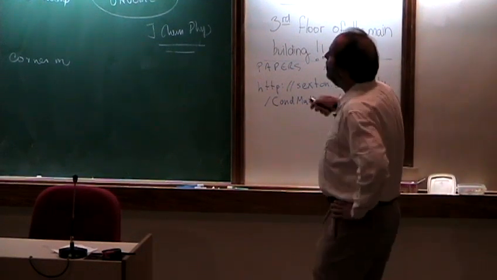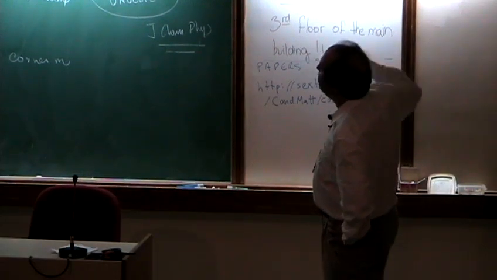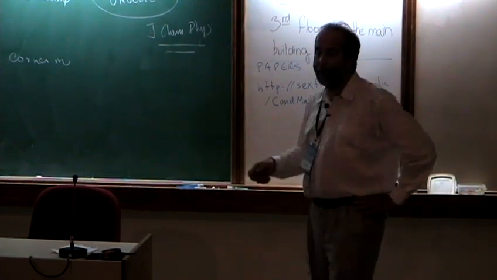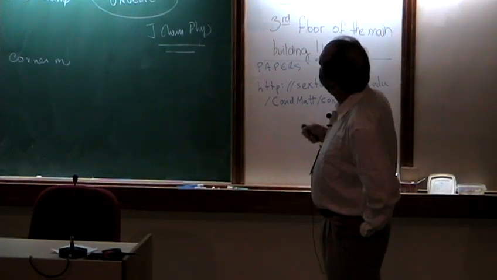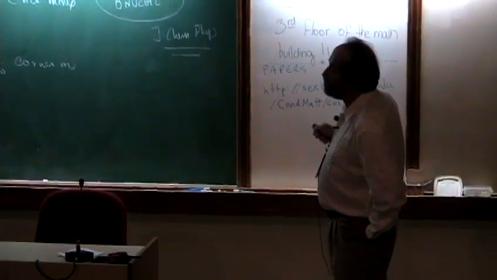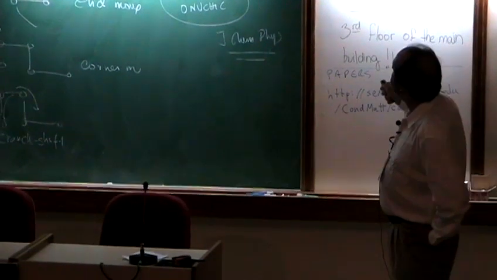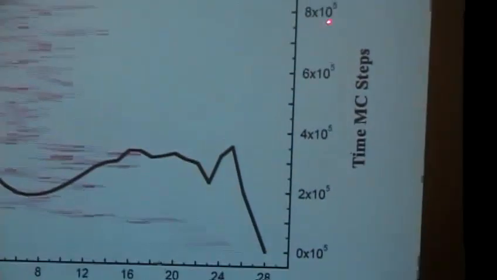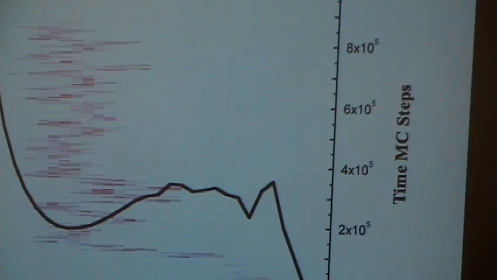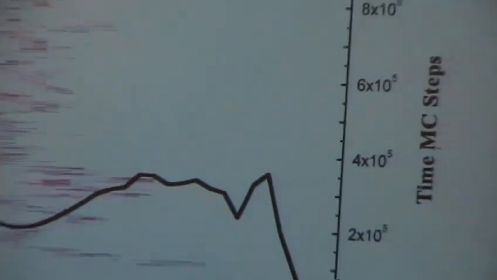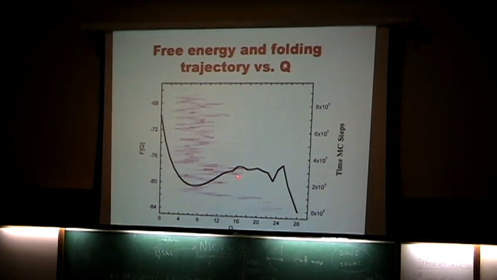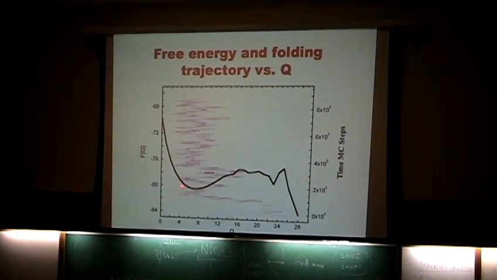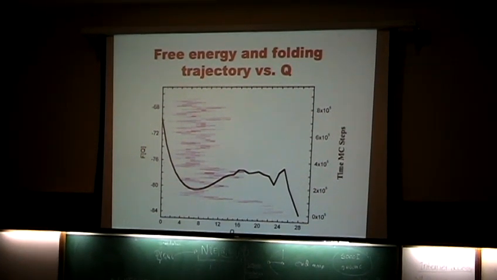I'm going to show you a little bit. But you see, this is sort of a kinetic run, measured in these steps, Monte Carlo steps. And it's very nice, because now it's time, okay, this is time backwards, if you want to run. So they took about 1 million steps to fold here. So now this is time, what you're seeing is, you're oscillating around this minimum here. Then you try to come down, you don't do it, you try to come down, and then finally you diffuse down this way.